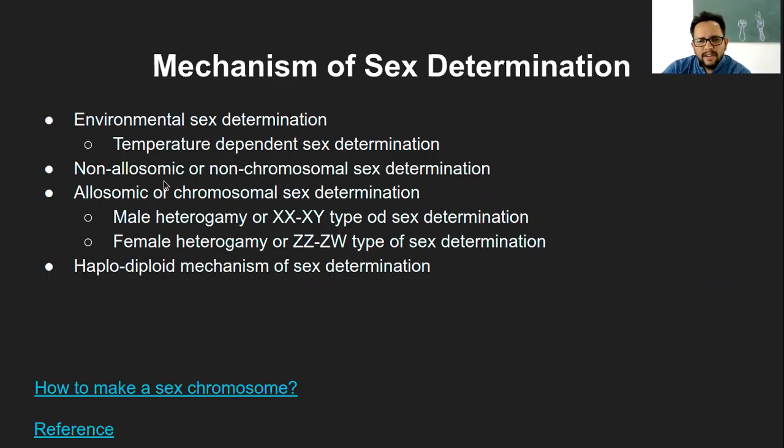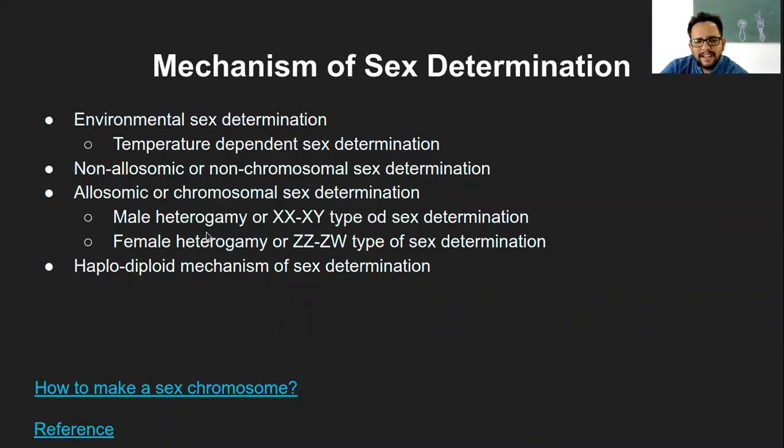Second is non-chromosomal, without chromosomal involvement, where other factors determine the sex. And then allosomic, like what we know in human beings, the X and Y chromosome, the specific chromosome determining the gender.